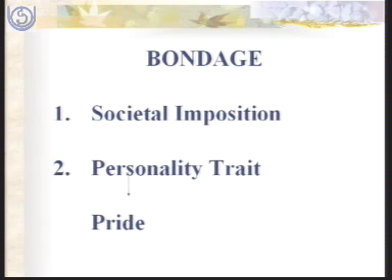However, there are certain personality traits also within every human being which can put you in a state of bondage. Now, in the case of Hagar, she suffers from both societal impositions as well as some faulty personality traits. Her societal impositions are her father, who is extremely strong, authoritarian, unbending, and he has inculcated all these habits in Hagar.